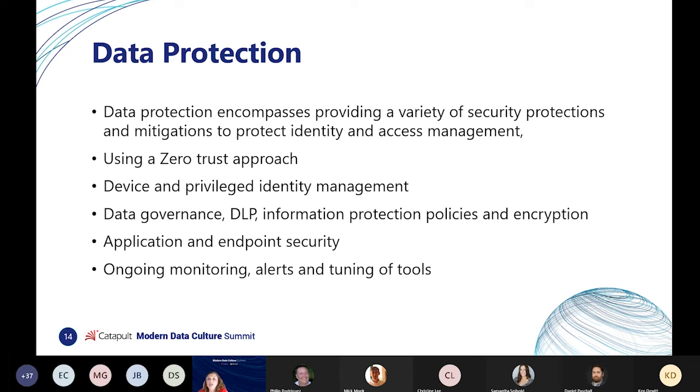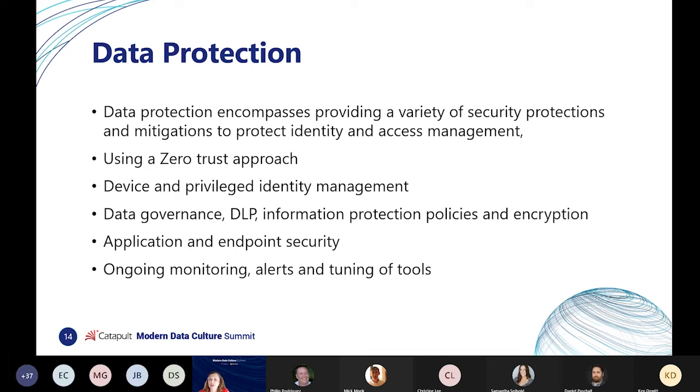So in terms of thinking through data protection, it's going to encompass a variety of different security protections and tools and things we're going to utilize and configure. We also want to always think of defense in depth and different mitigations that we can build in to help protect the identity and the access in the environment and making sure we're effectively managing it. The zero trust approach tends to be utilized by a lot of organizations because it doesn't make that assumption that we can have various trusts.